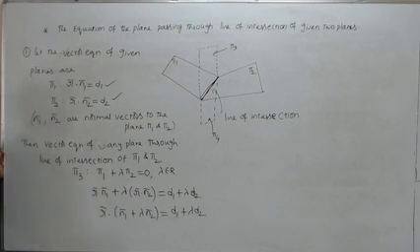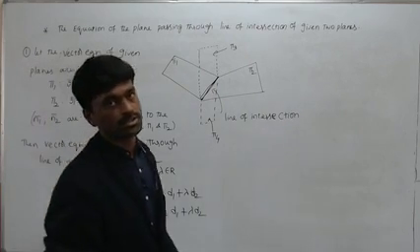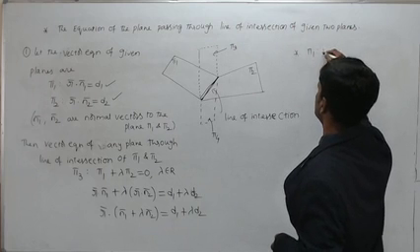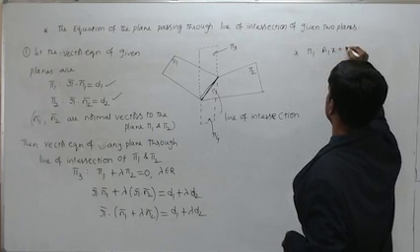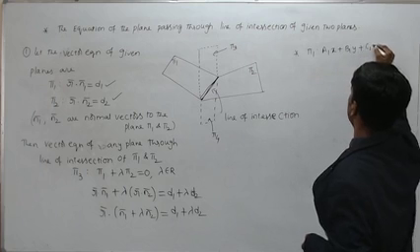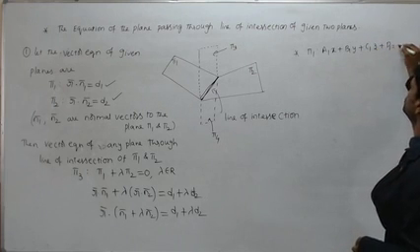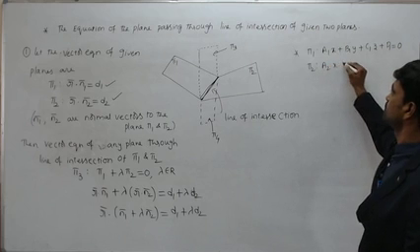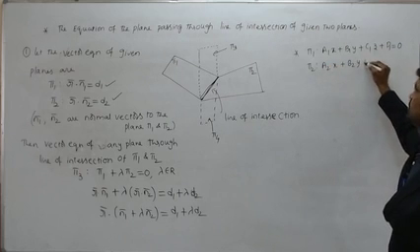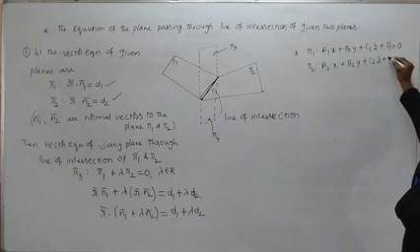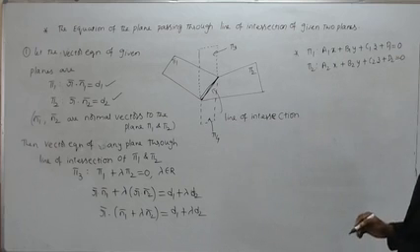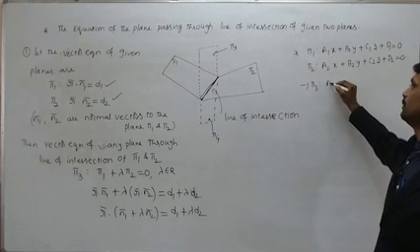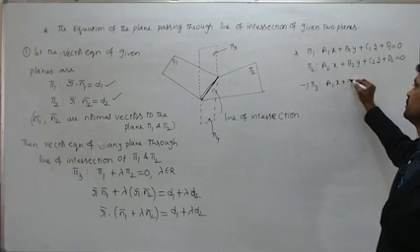given two planes. Suppose we consider the Cartesian form. Suppose the Cartesian equation of the first plane is a1x plus b1y plus c1z plus d1 is equal to 0, and the Cartesian equation of the second plane is a2x plus b2y plus c2z plus d2 is equal to 0. Then the pi 3 plane equation will be in the form of what?